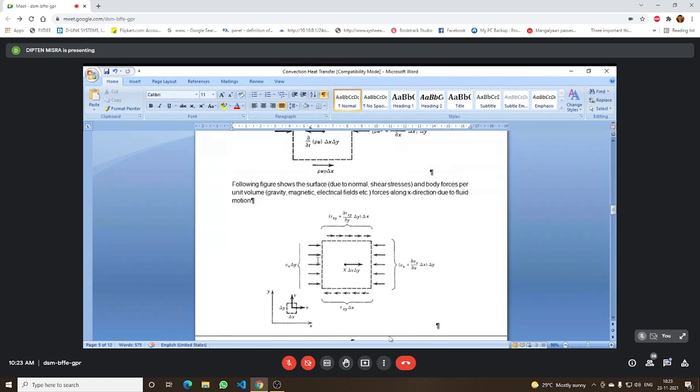Distance traveled per unit time is the velocity. So the work done per unit time will be equal to the force, which is P into area, times the velocity, the distance traveled per unit time. Multiply that velocity by area and you get the volume flow rate, and into density gives the mass flow rate m dot, into specific volume.